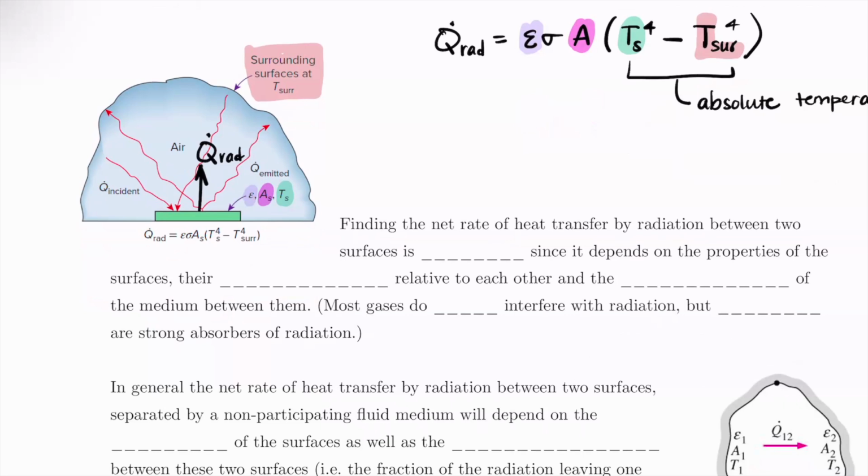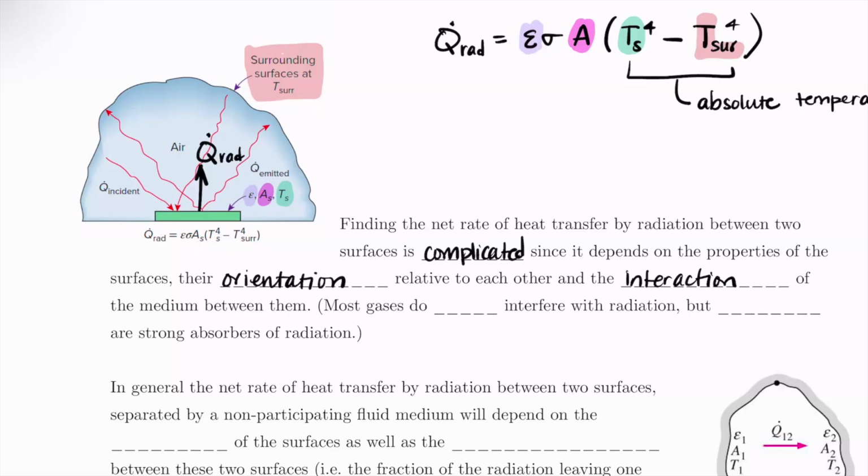Okay, so if we want to find the net rate of heat transfer by radiation between two surfaces, that's actually pretty complicated, because it depends on the properties of the surfaces as well as their orientation relative to one another, and the interaction of the medium between them.